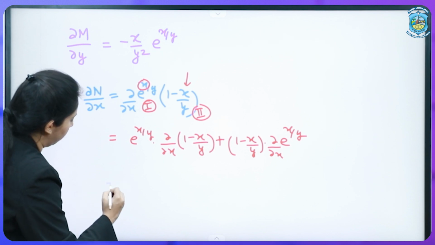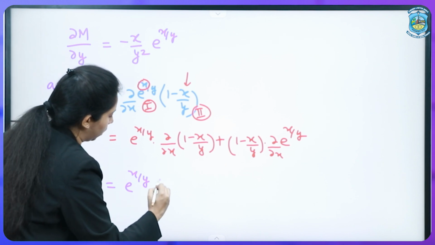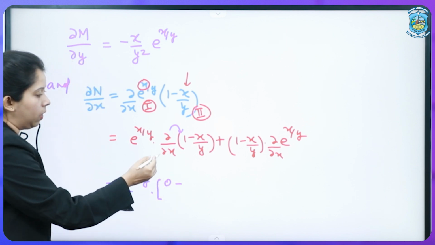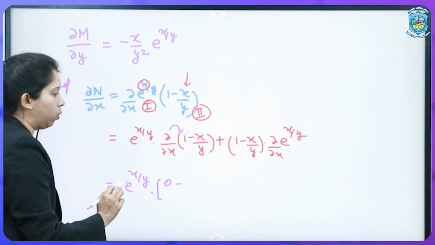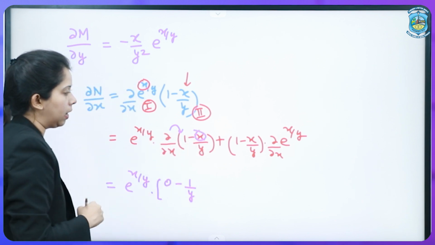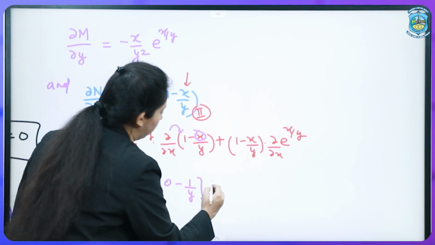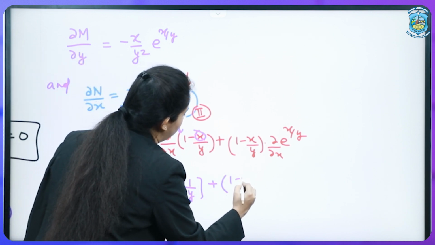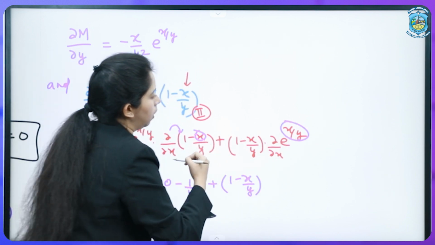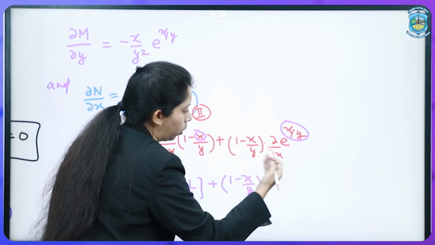Now we will differentiate 1 - x/y with respect to x. Differentiation of 1 will become 0, minus, differentiating partially with respect to x, 1/y is treated as constant, and differentiation of x with respect to x will be 1. So here we are getting 0 minus 1/y, plus (1 - x/y) will remain as it is, and we will differentiate e^(x/y) with respect to x, using the chain rule.